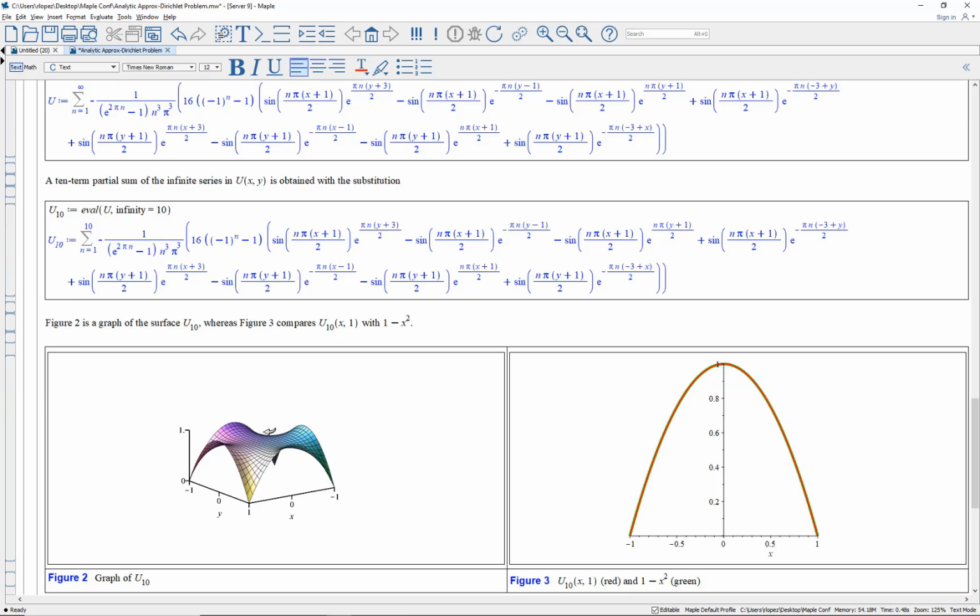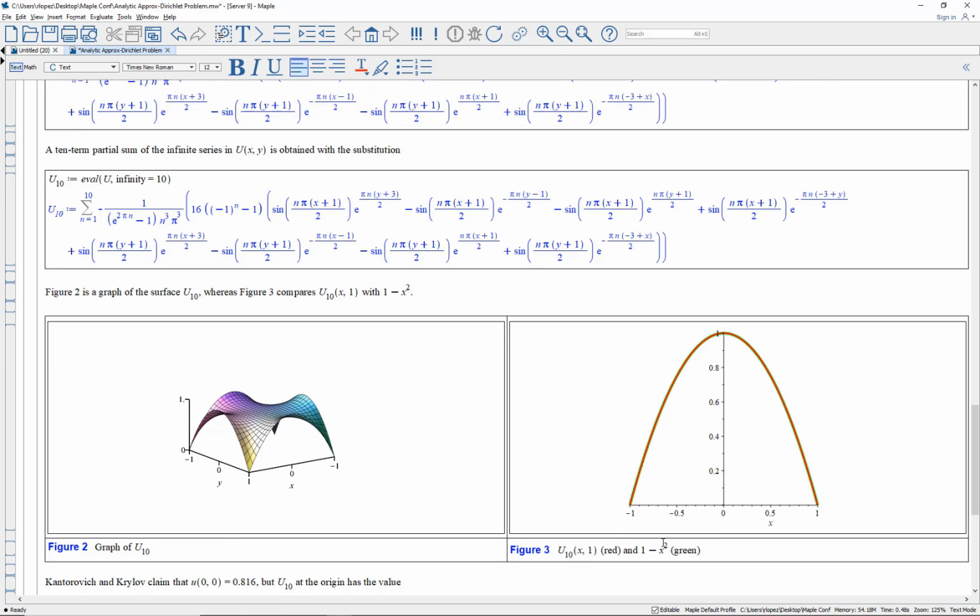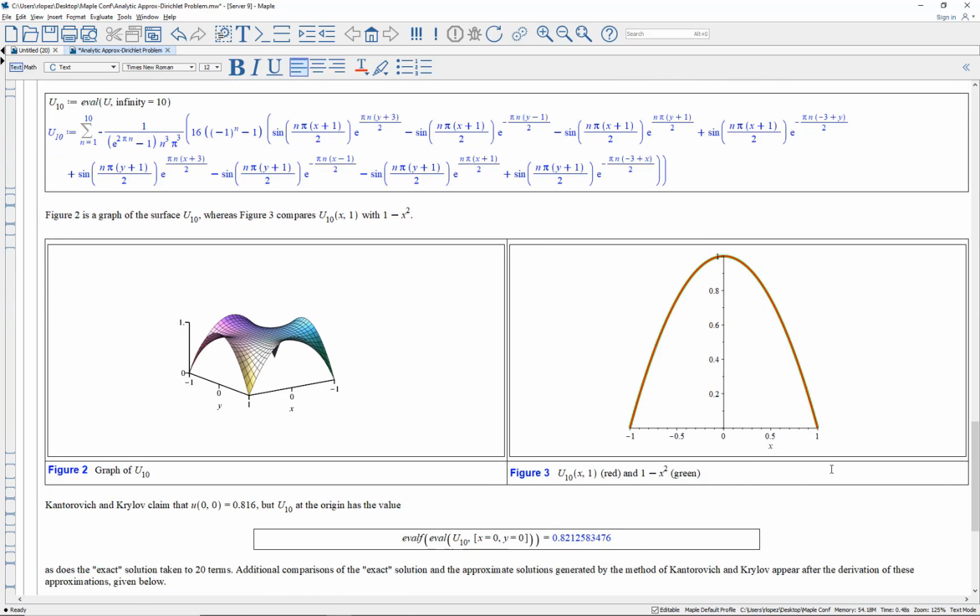Draw some graphs. This is a graph of, I call this U10. Then I looked at the edges. So here is one edge, took 1 minus x squared and compared the edge value of this approximation. Draw the graph. Graphically, it looks bang on.